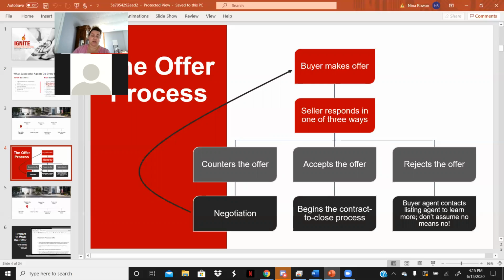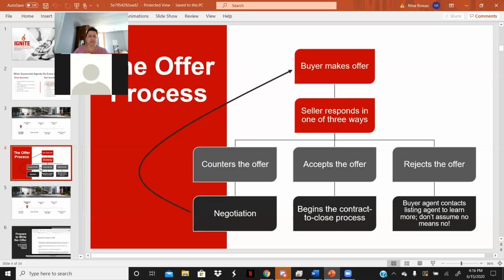Now, counter offers can be done in writing, but most times when a seller agent and a buyer agent are negotiating, it's pretty much verbal, because you're just going back and forth with a phone call or maybe an email. Maybe the seller's out of town and it has to wait until the morning.